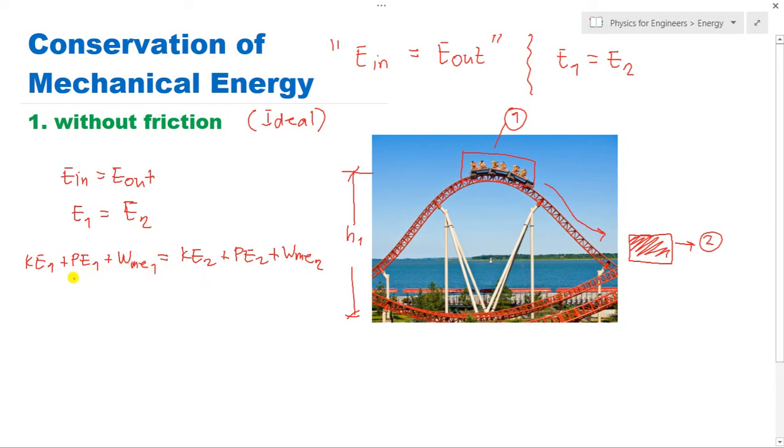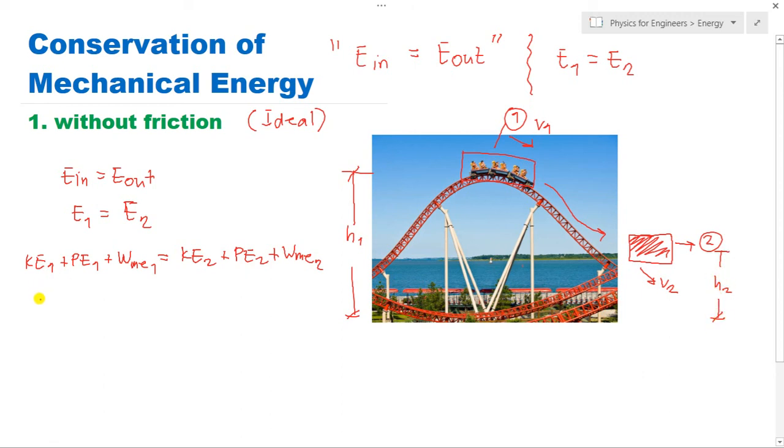As you can see right here, class, all the energies from state 1 are being transferred effectively. Nothing is lost, nothing is lacking. It is that efficient, that's why this is ideal. At state 1, since it possesses velocity, we have V1 right there. The same with state 2, it also has a velocity V2 because it goes downward. And at point 2, it also has a height or elevation with respect to the ground.